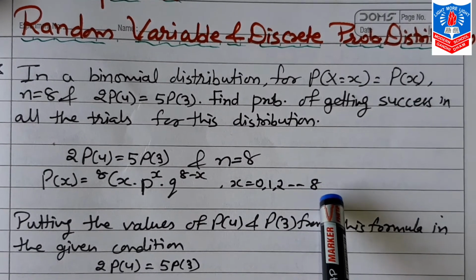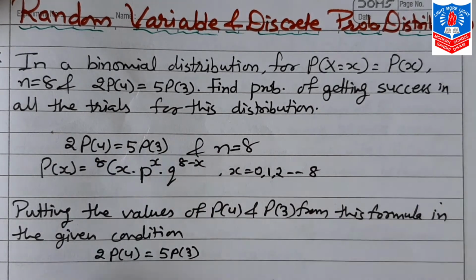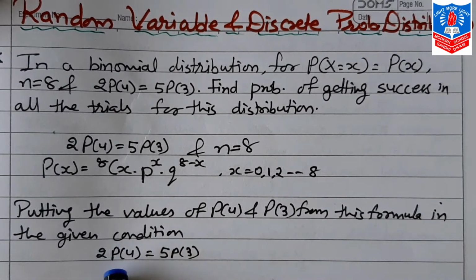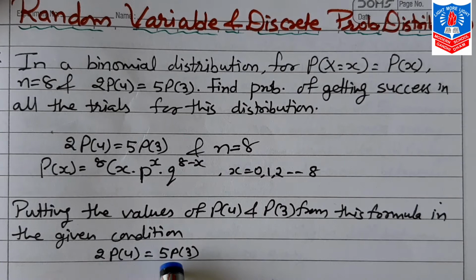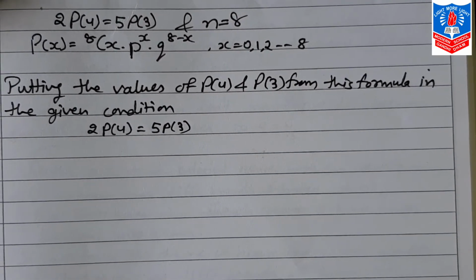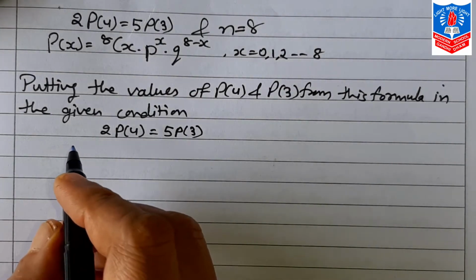Now the x values 4 and 3 are given. So we put these values of P(4) and P(3) in the given condition 2P(4) is equal to 5P(3), and it will be this way.